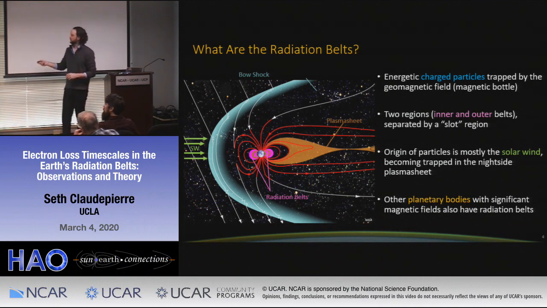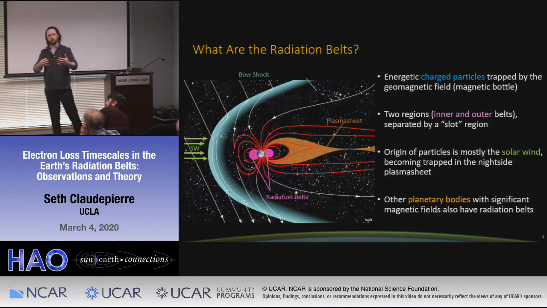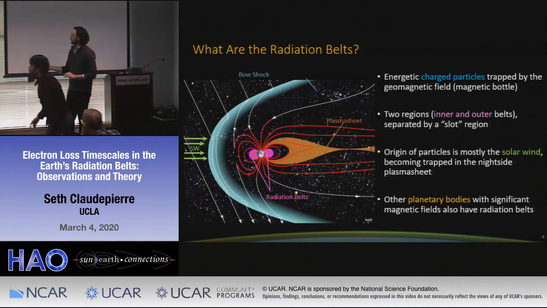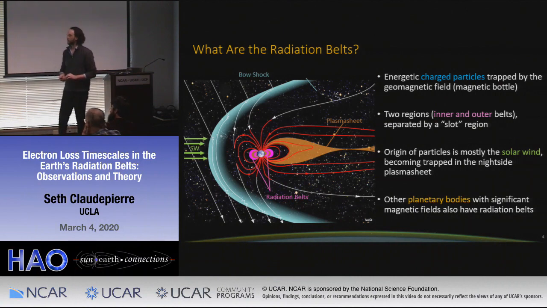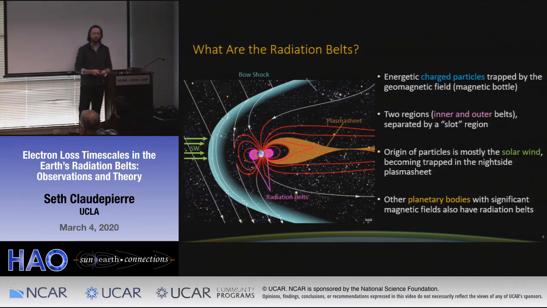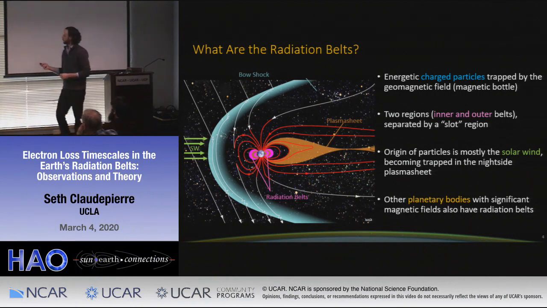Then convection, injections, and various processes move those plasma sheet particles in towards the Earth, and they ultimately become energized and trapped in the radiation belt. And of course, it's not just the Earth that has radiation belts. I'll talk today about the Earth's, but all the other planets in the solar system that have magnetic fields also have trapped particle populations.